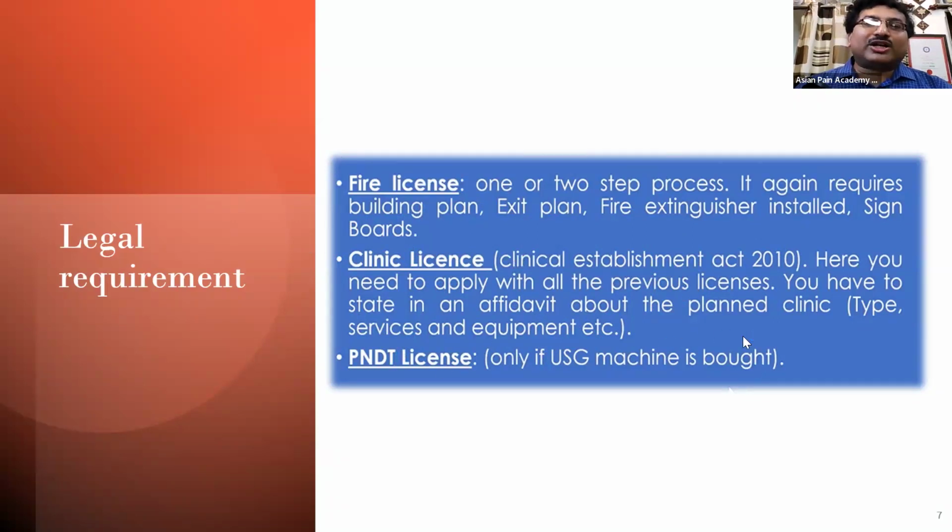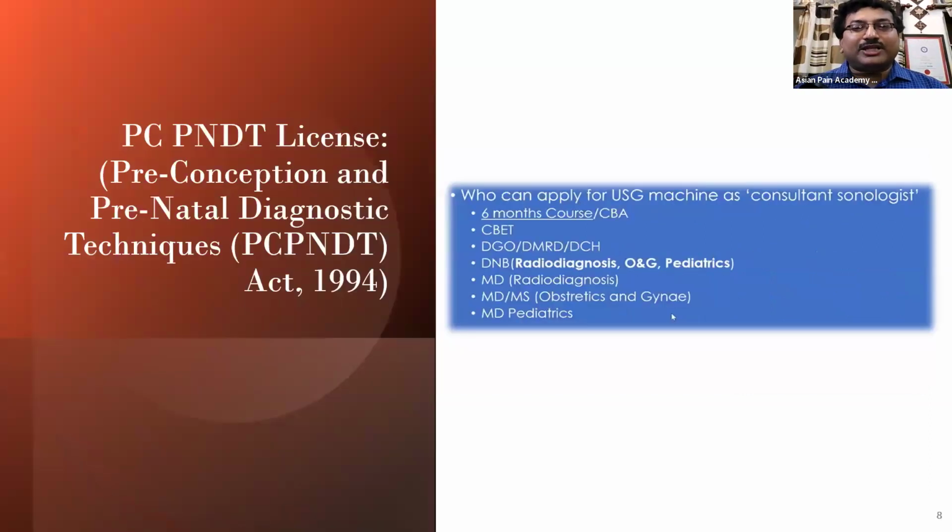Okay, then you will require a PNDT license, and remember the PNDT license is very, very important, because without that it is very difficult, since most of the patients we do diagnosis in our clinics. So for that you will require a PNDT license. So who can take a PNDT license?